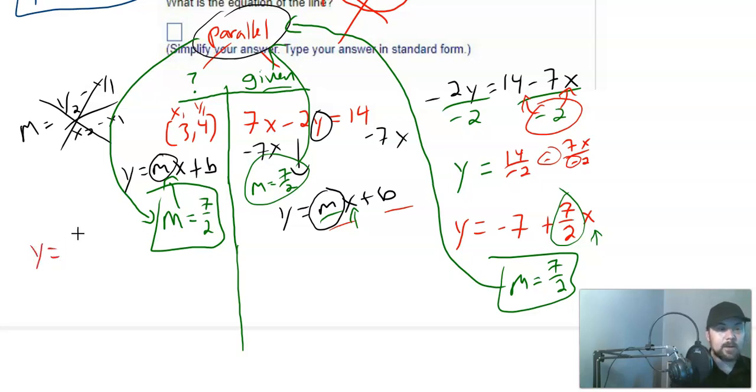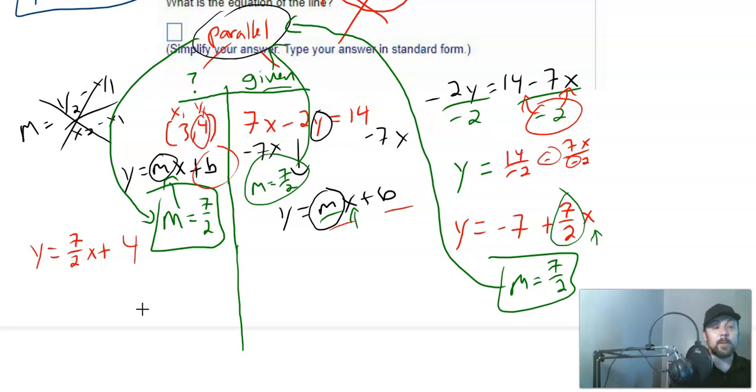So we're going to have y equals, we'll plug in. So what you do first is once you have the slope, plug it in for m. So we get 7 halves x plus, now b is the y-intercept, which we do not know. A common mistake I'll see students make on the test is they'll say, okay, the slope is 7 halves, and then b is y, and so that's a 4 in this case.